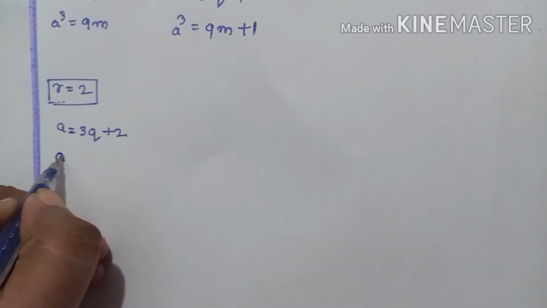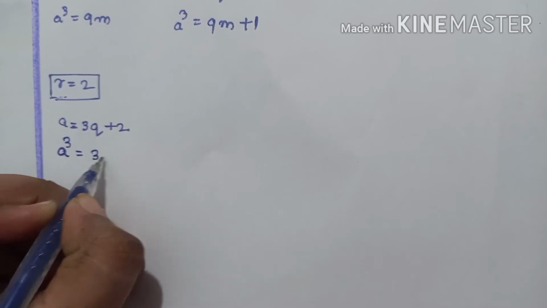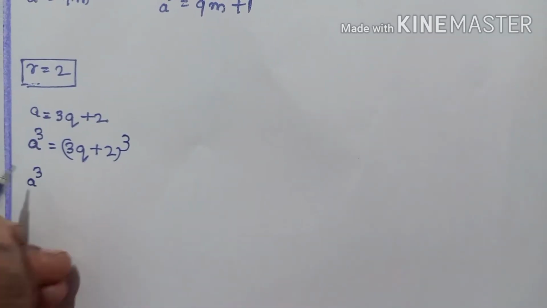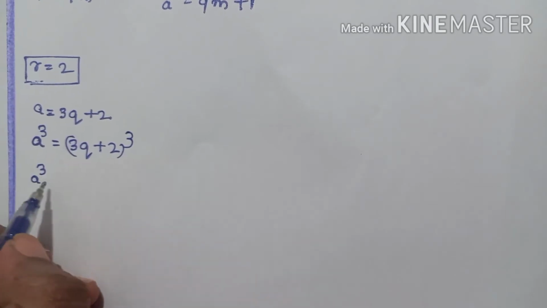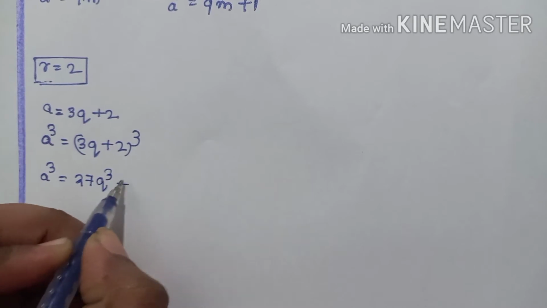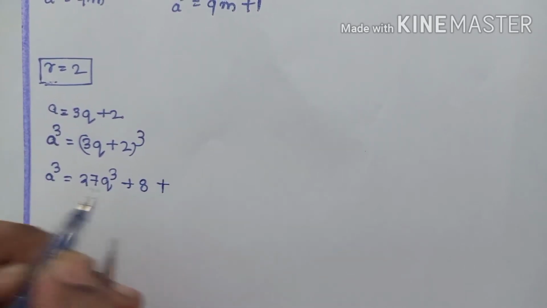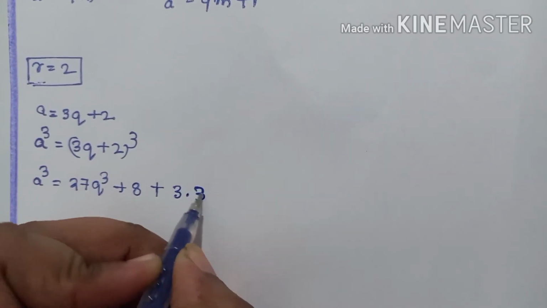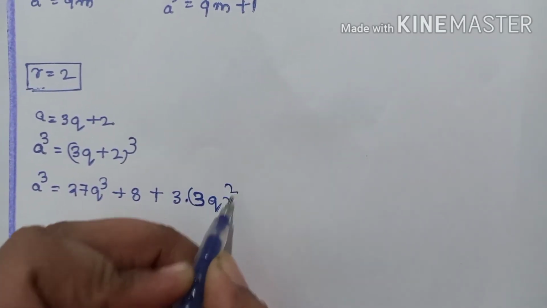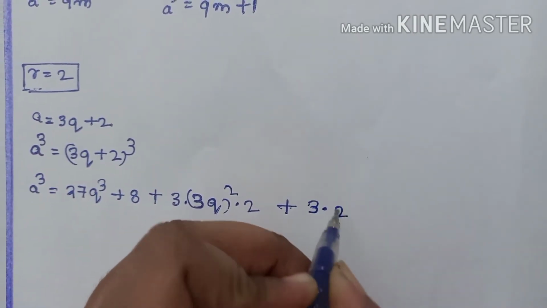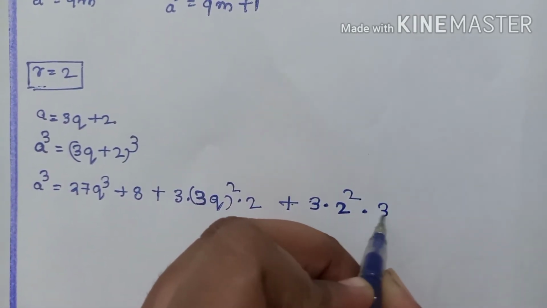Cubing both sides, a cube equals 3q plus 2 whole cube. This is of the form a plus b whole cube: a cube plus b cube plus 3 a square b plus 3 b square a. Here a is 3q and b is 2.